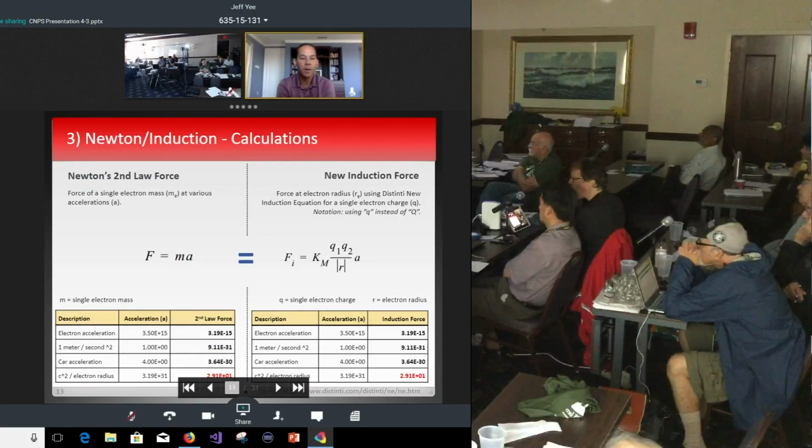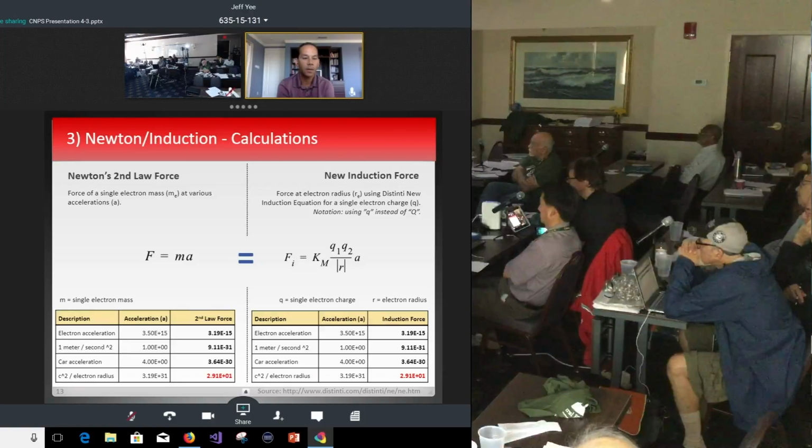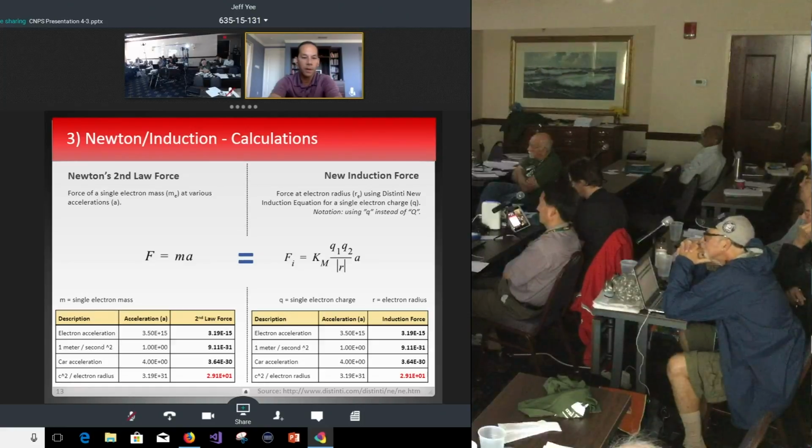So now getting back to calculations, and just to easily prove that these 2 are equal, again, the common thing is at the electron's radius for a single electron. So here we use a single electron mass, a single electron charge, and the electron's radius. Now, when you use those as the constants in these equations, choose any value of A. Again, I've arbitrarily shown 4 here in the calculations, but choose any value of A acceleration, and you're going to find that these forces are equal.